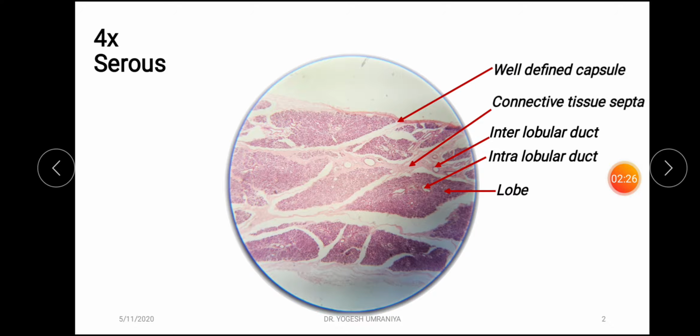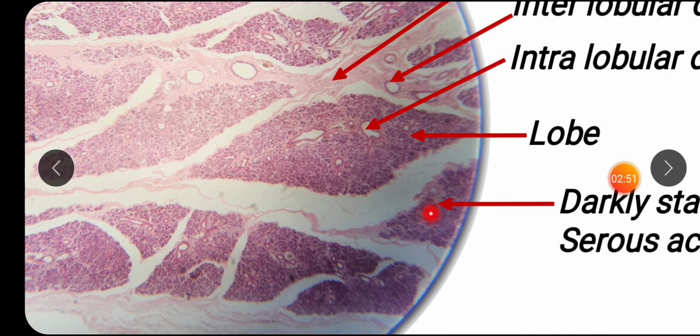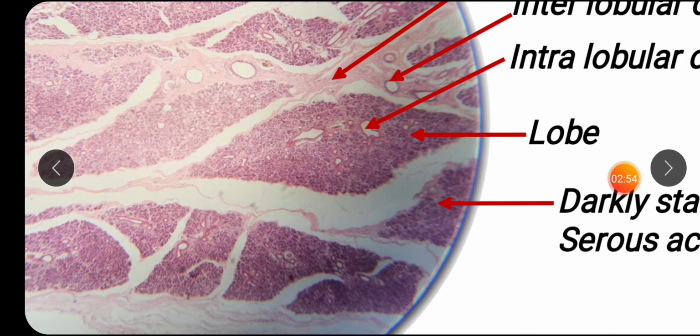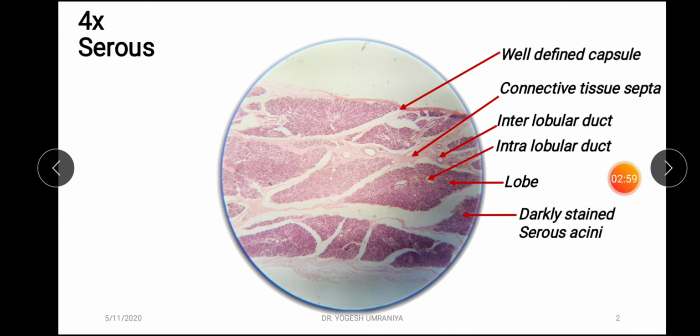So the duct that is present within the connective tissue region is termed as the interlobular duct, and that lying within the lobe is termed as the intralobular duct, which is surrounded by the acini. So remember that. Next, the darkly stained area is termed as the serous acini. There is aggregation of the serous acini within the lobe of the gland.